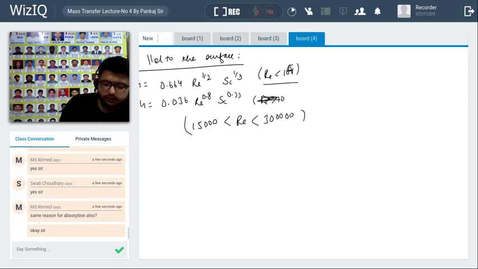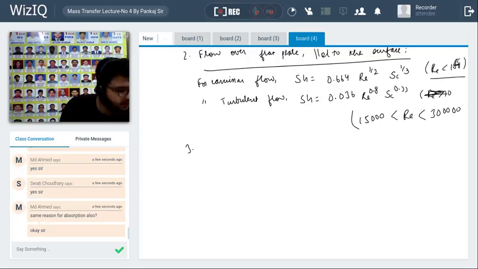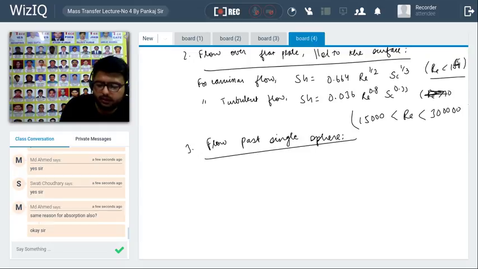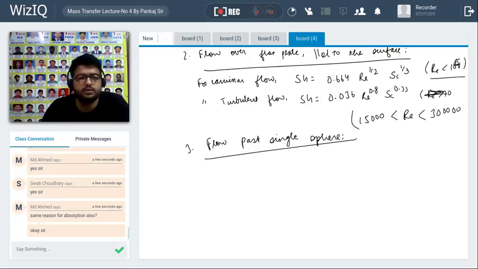Next, for the flow past a single sphere. There are various relations across the cylinder, whether it's going perpendicular or parallel.